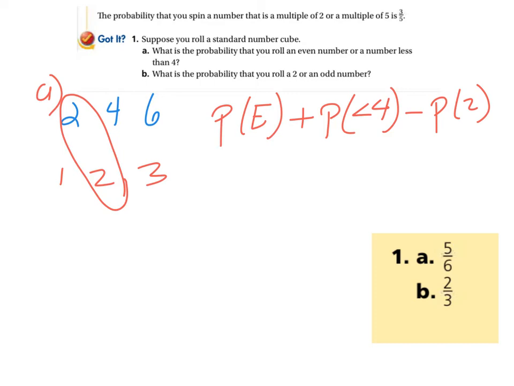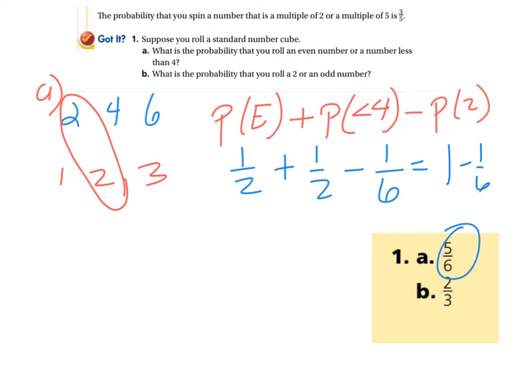Probability of even is going to be 1/2, and the probability of less than 4, well, that's also 1/2. And then minus the probability of 2, which is 1 out of 6. Let's do the math on that. So that gives you 1 minus 1/6, which is 5/6. So that's how we got that one. If you're confused by that, go back and listen to it again. Give it a go here.